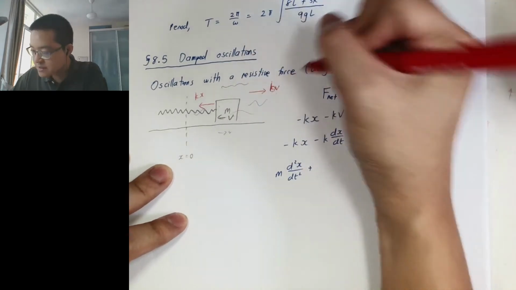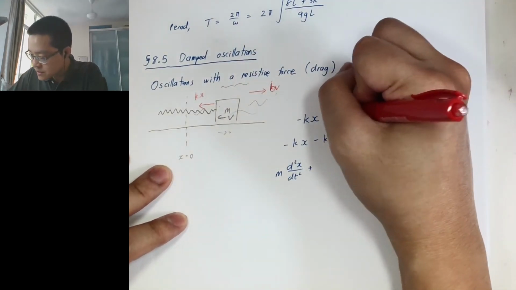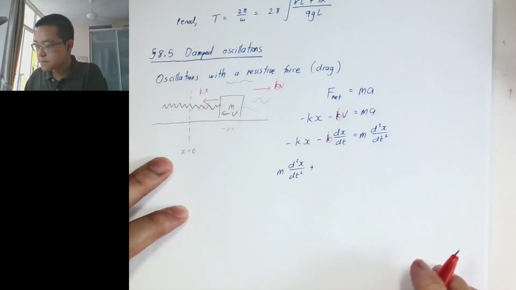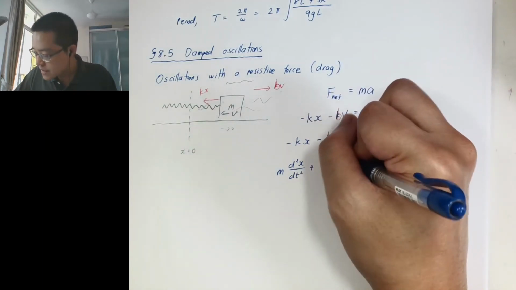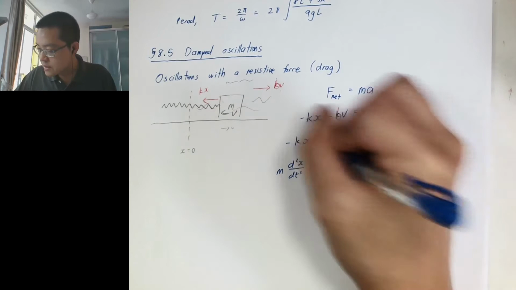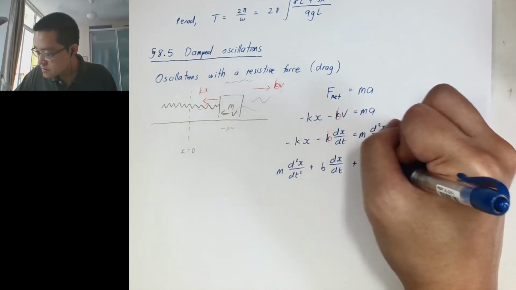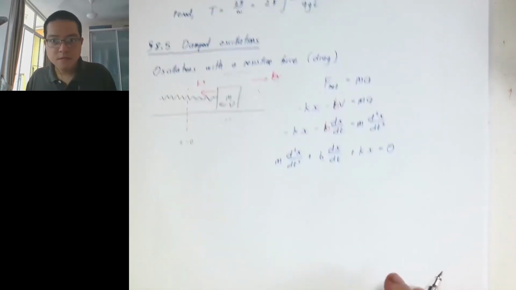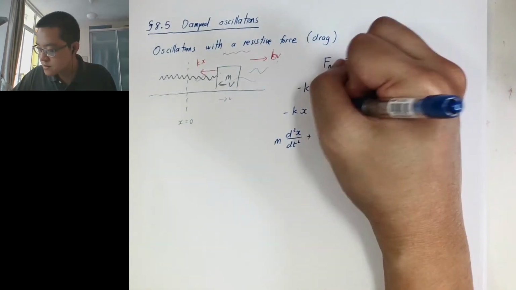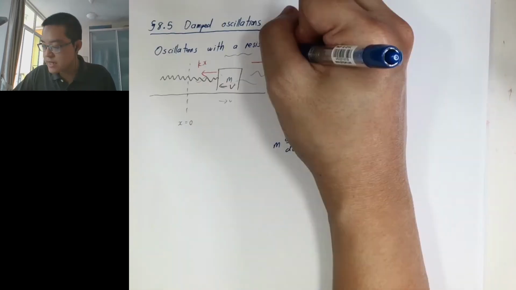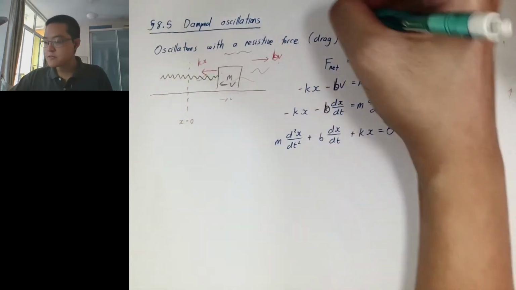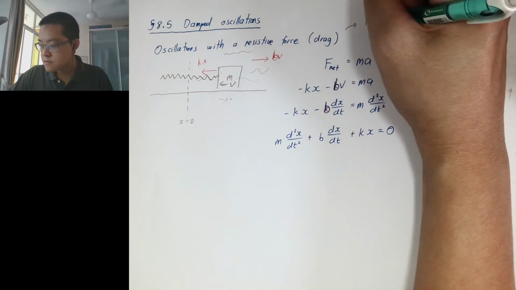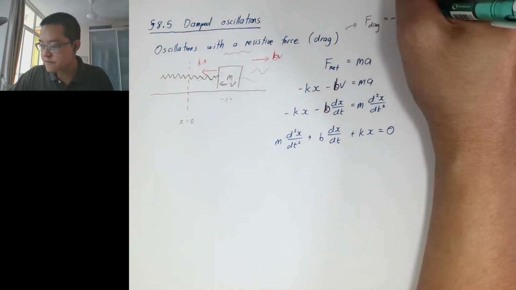Let's call this b. Yeah, cannot use k for two things. So I got b dx/dt, and then plus kx. Okay, so this is b times v. So drag force is negative bv.